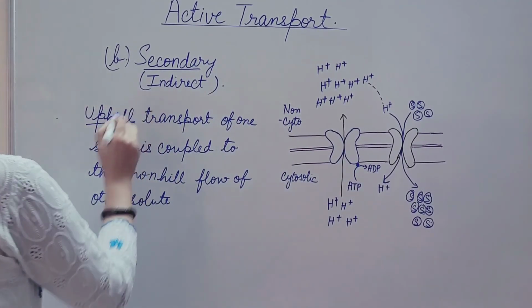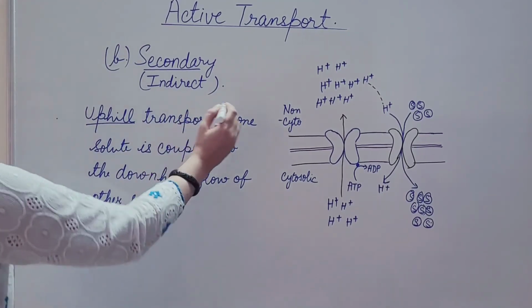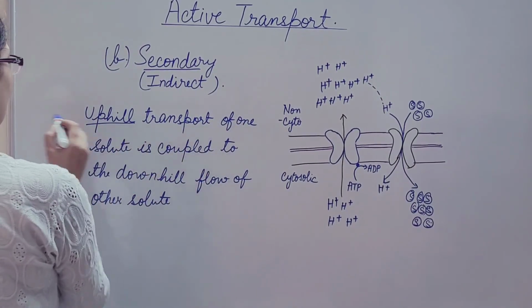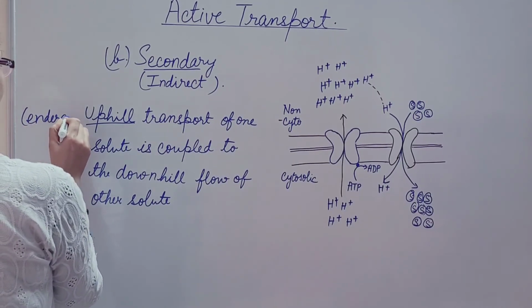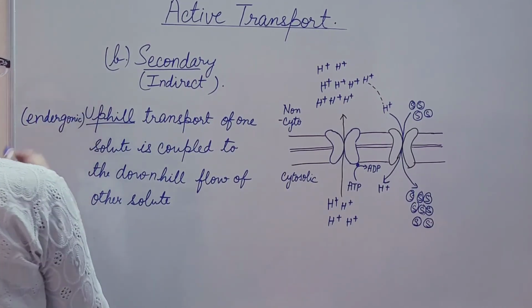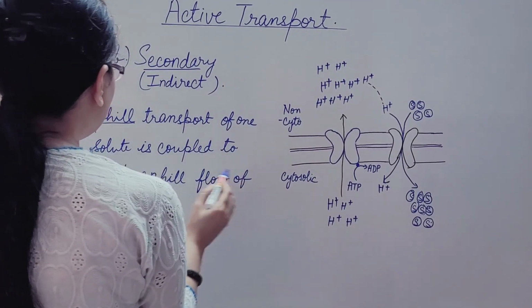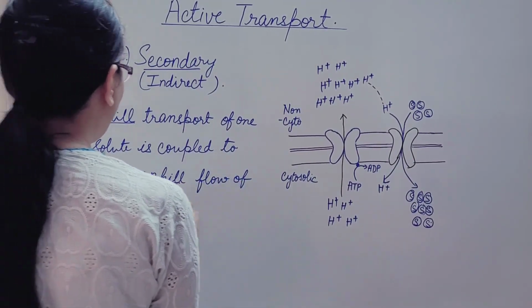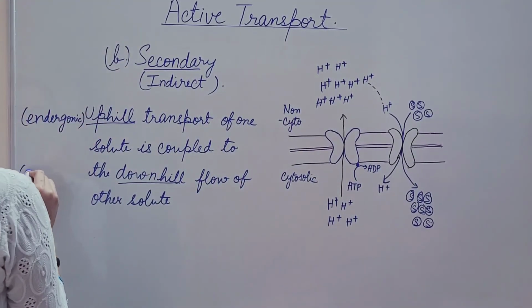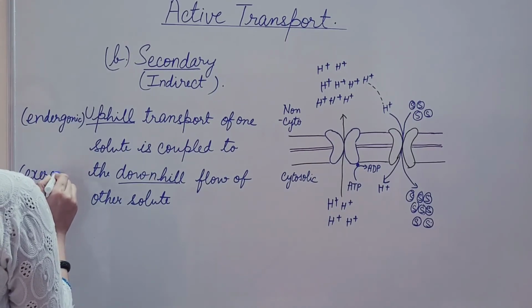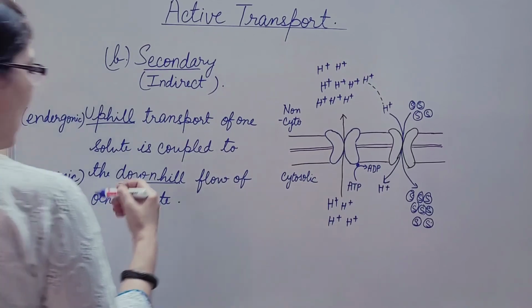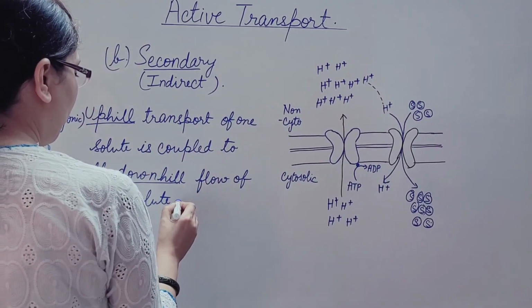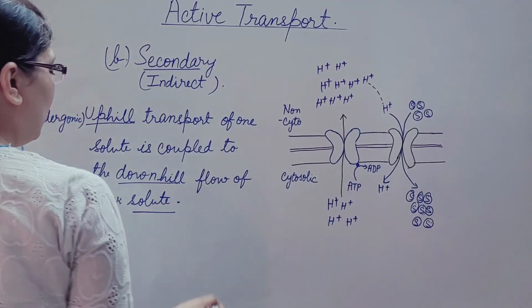Uphill means against the concentration gradient. When one solute moves against the concentration gradient, then energy is required. So it is endergonic. And it is coupled with the downhill flow of the other solute. So it is exergonic. Then this solute is actively pumped by the primary transport.